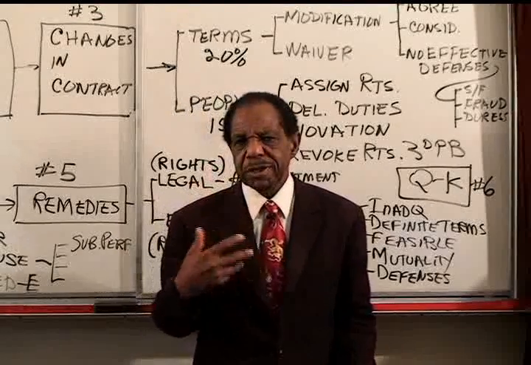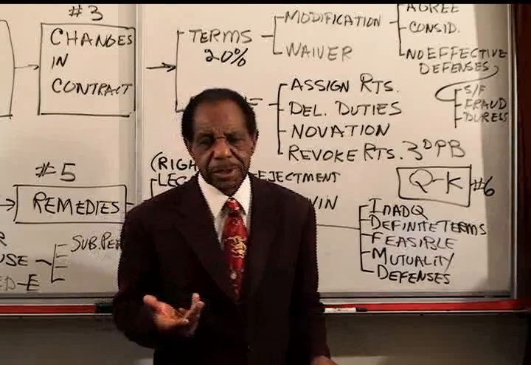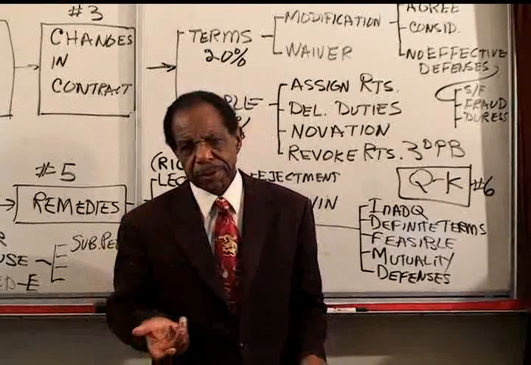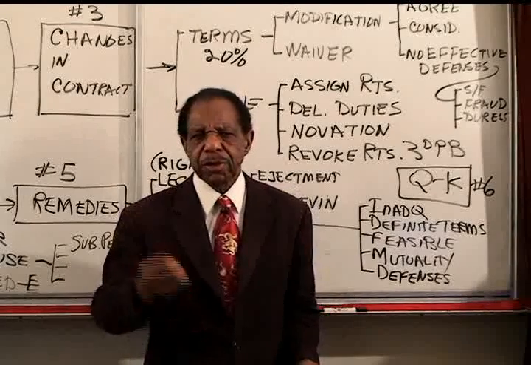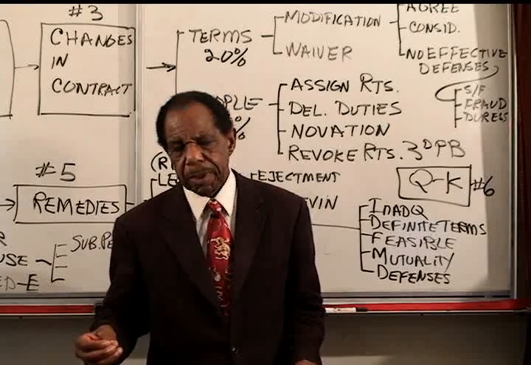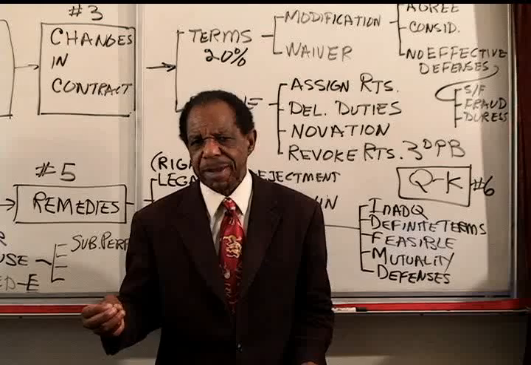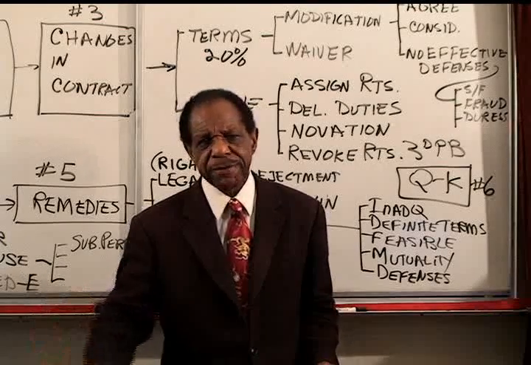The UCC 2-201 deals with the statute of frauds, and it says that in the case of a UCC sale of goods, if the price of the goods is $500 or more, then the contract to sell these goods needs to be in writing, and it needs to be signed by the party who denies the contract.